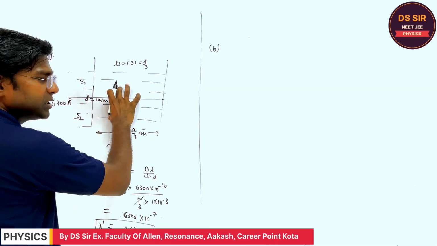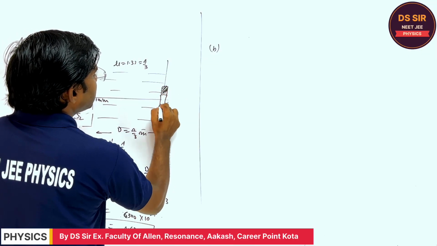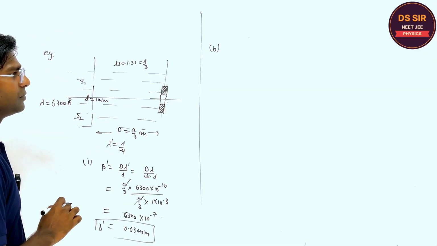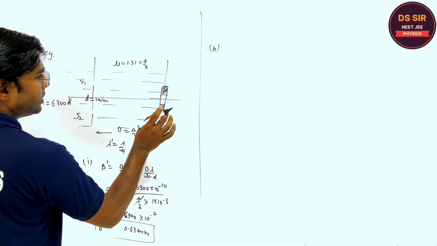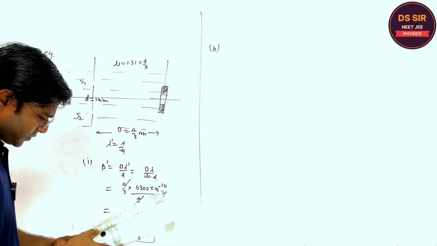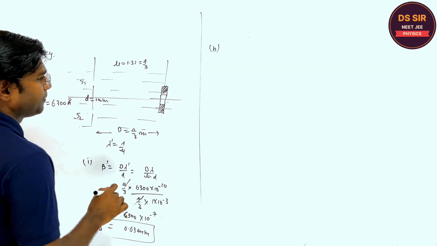Initially when the liquid is filled, this will be the central bright fringe, this will be the D1, this will be the D2. Are you getting or not? Right. So if we have to put, listen, this is the D upon d (mu minus 1). Hello? Yes, Sanjay.